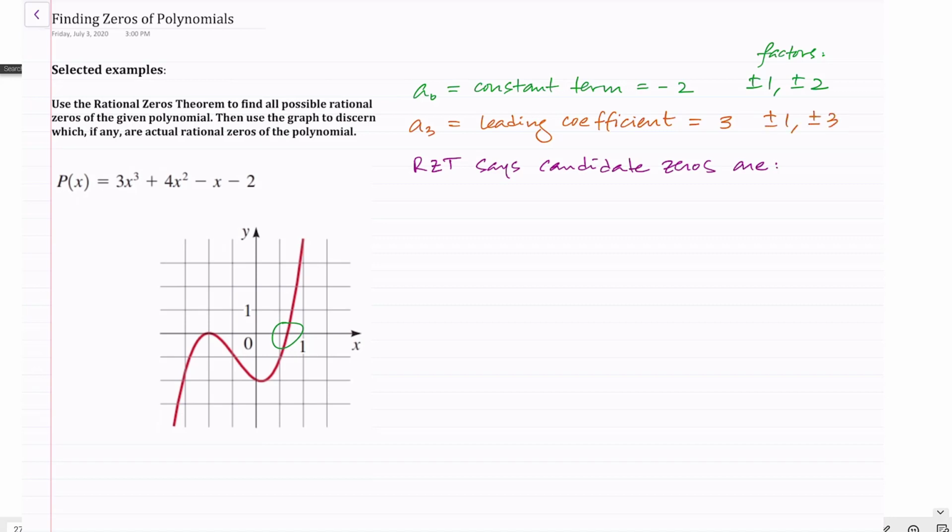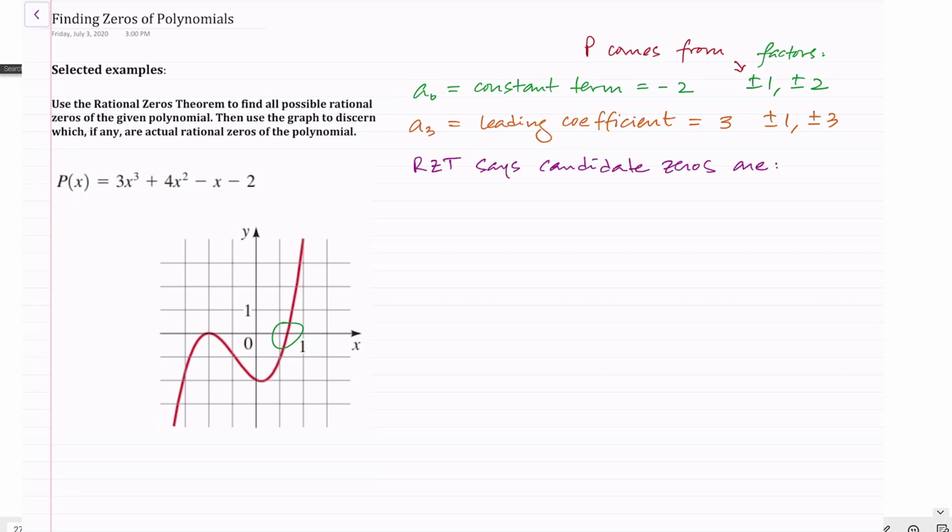And so when you start to make your list of candidate zeros, you pick a particular value of p, and you work through all of the possible combinations of that. So in other words, we're saying that P is going to come from here. And Q is going to come from the factors of the leading coefficient 3, right?